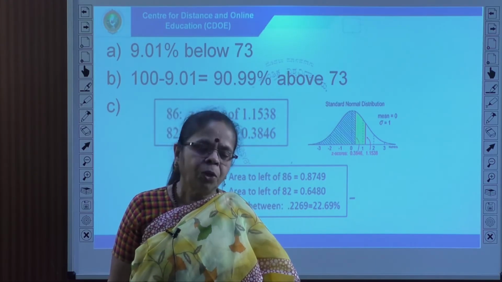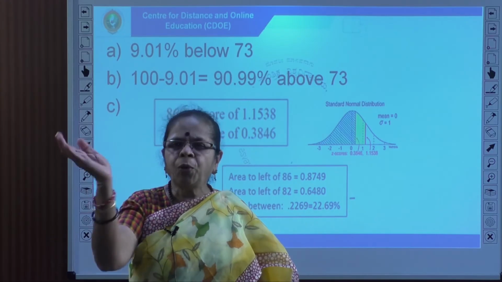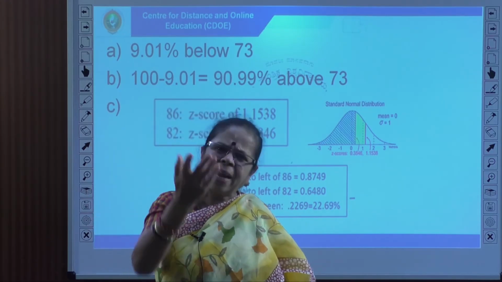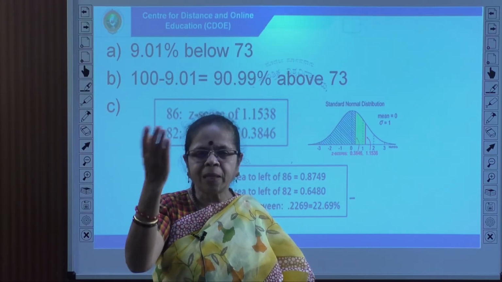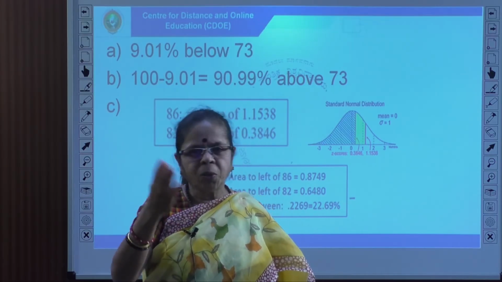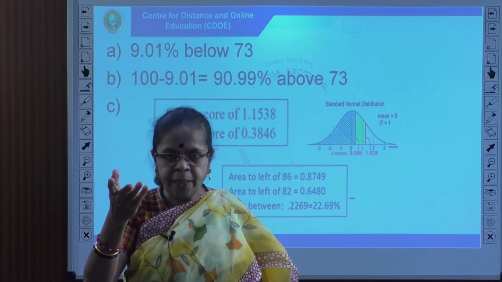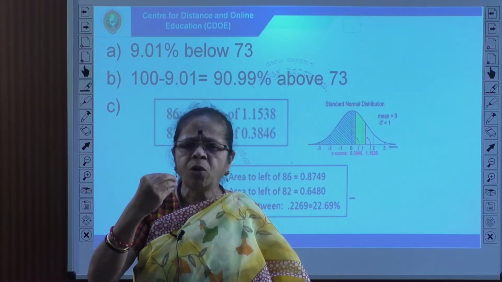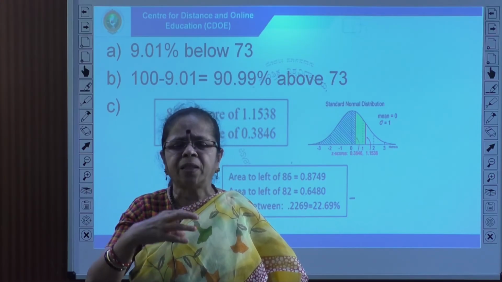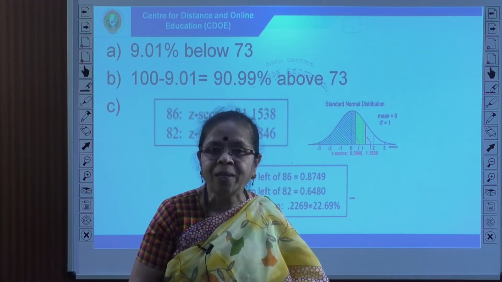Right. Now, I advise you to try out your own values. How many got less than 60, randomly try out with the same data, the mean is 80 with the standard deviation given. Try out how many got less than 60, greater than 60, how many got above 90, whether there is somebody who got above 40.